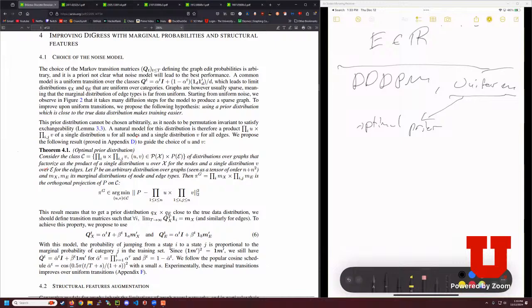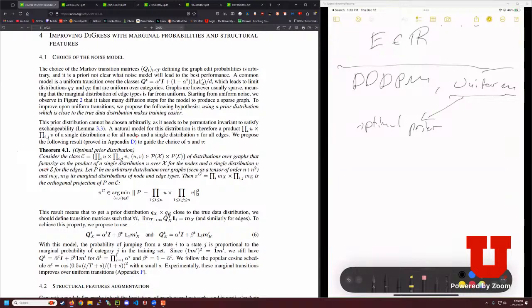Okay. Yeah, but it's still a little bit weird to me because this relates to, oh okay, let me think about that. Because this is all about the transition between different categories.